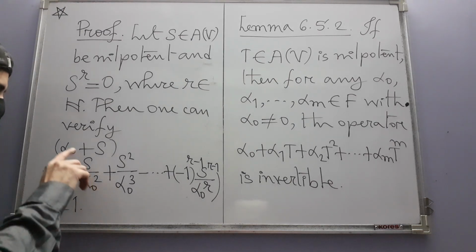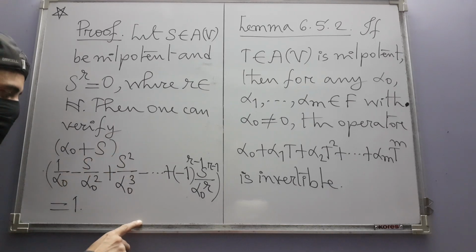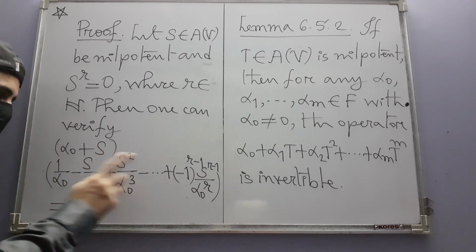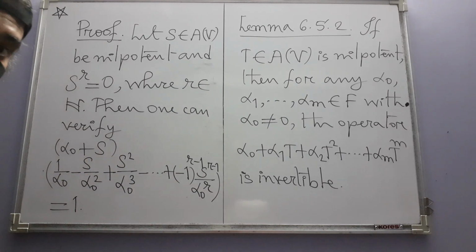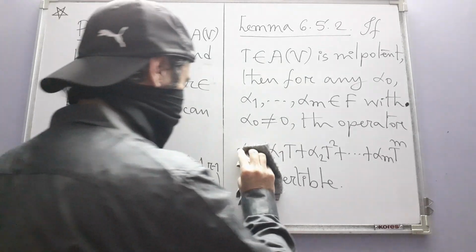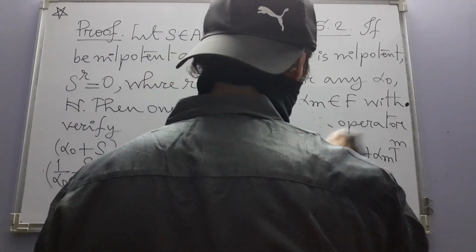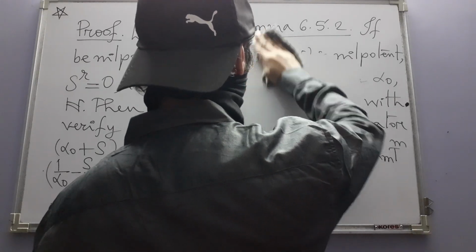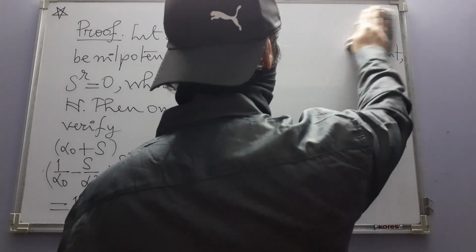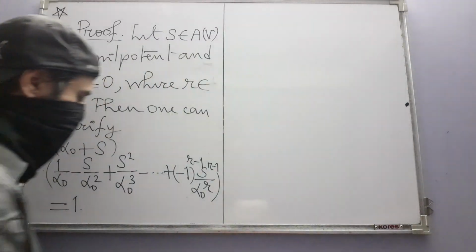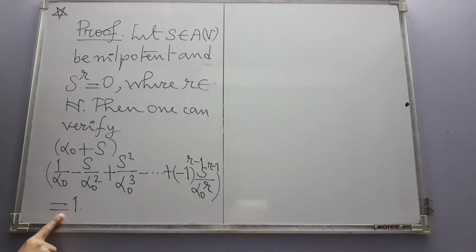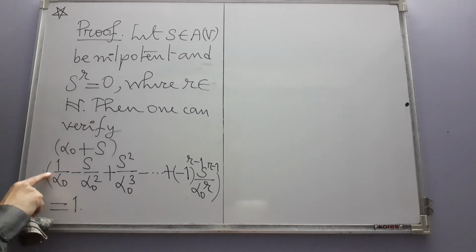One more thing, because only powers of S are involved, those terms also commute with one another. So you just carry out the multiplication, you will see that there will be many cancellations. And after all cancellations, you will be left with 1. In fact, you can see where this 1 is coming from, multiplying alpha naught and this.